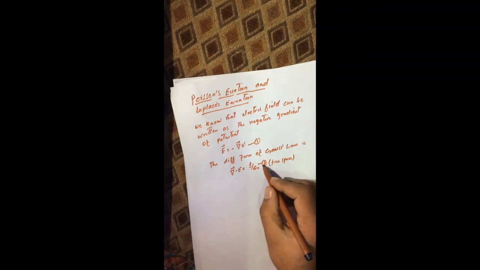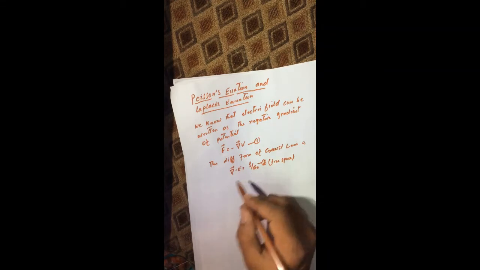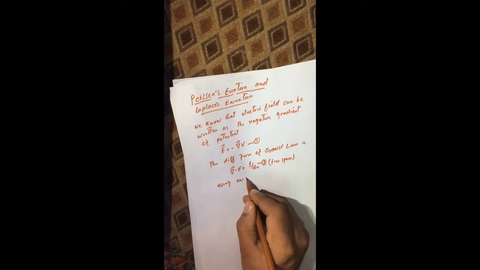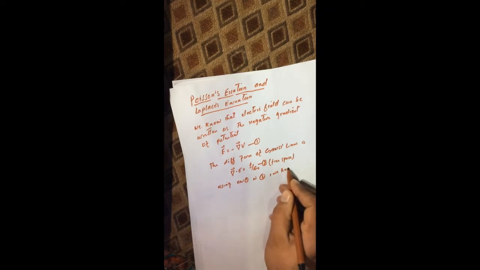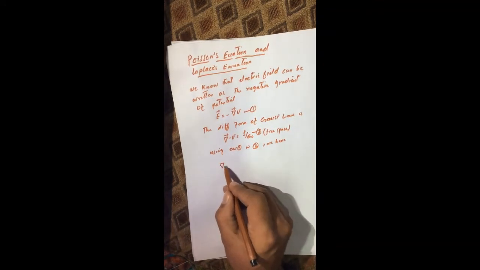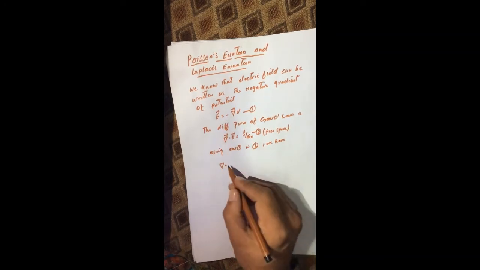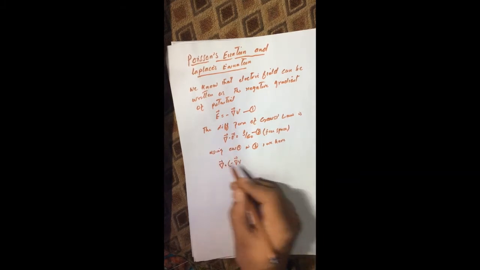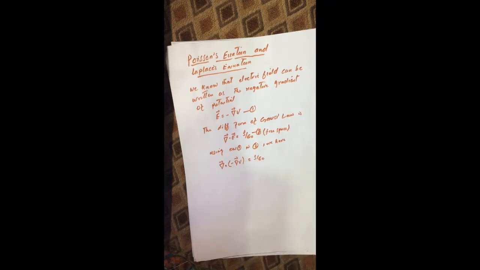Now if we use equation 1 and equation 2, what do we get? We get del dot E. So instead of E, I will put minus del V, which is equal to rho over epsilon naught.